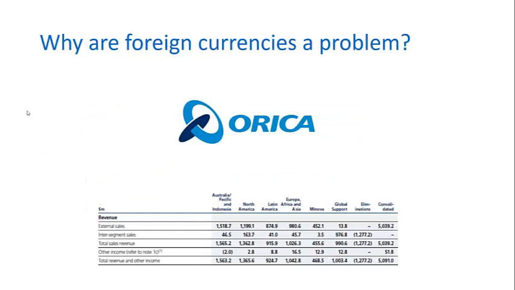A further contributor to the problem of foreign currencies is just the extent to which companies these days are exposed to foreign currencies. And if we look at the financial statements for Orica, this gives you a pretty good idea as to the problem. You can see that they have transactions right around the world, and you will need to understand that sometimes there are import and export transactions and sometimes there are foreign operations.